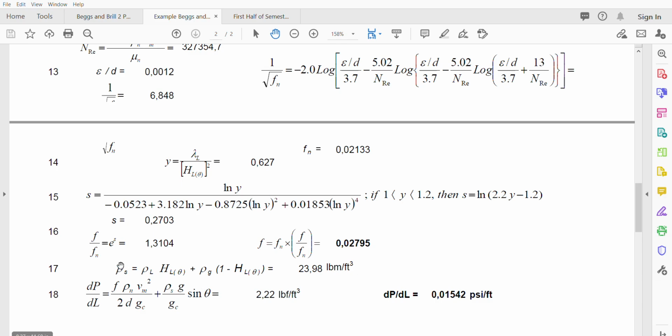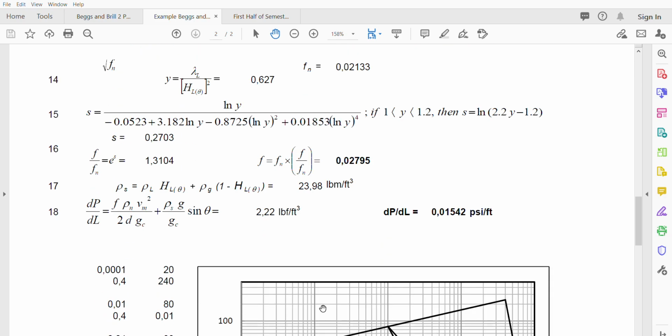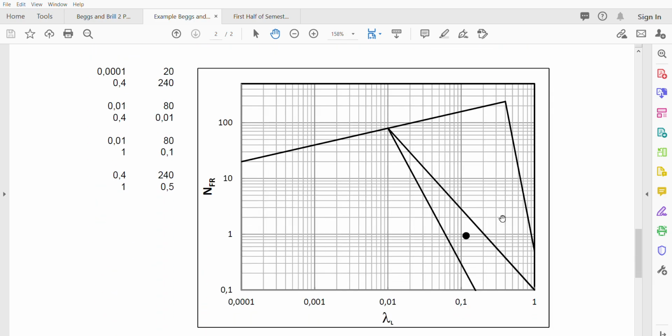Then we calculate the s, we have the number, and then plug in the s and y, so we get the number. That's basically what we do, and then we find the flow pattern. So please do this homework. I will give this one to you again also.